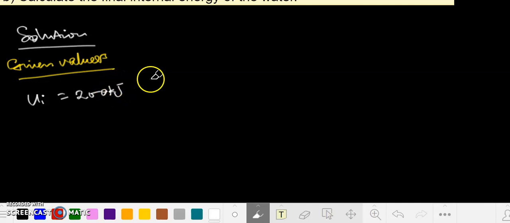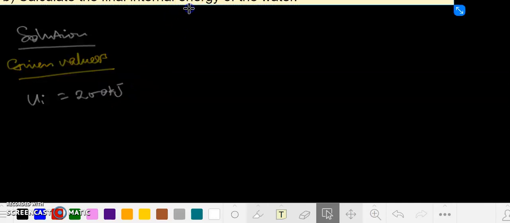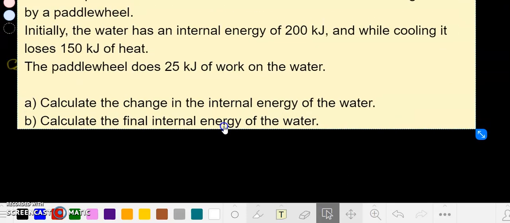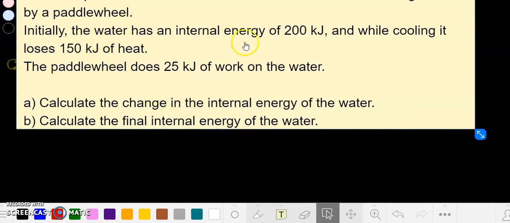We have 200 kilojoules, and while cooling it loses about 150 kilojoules.